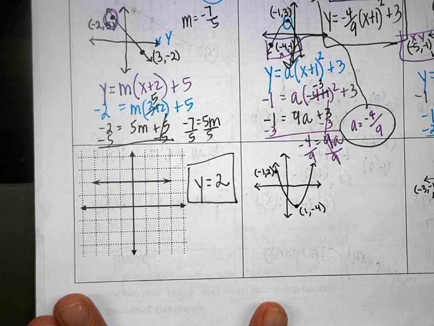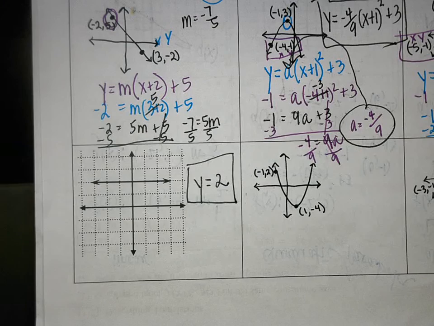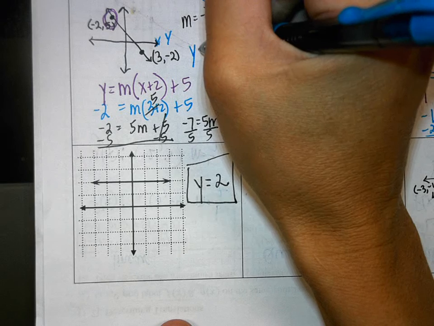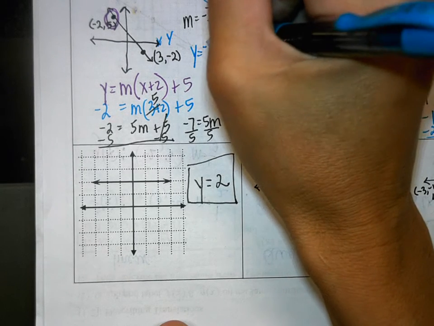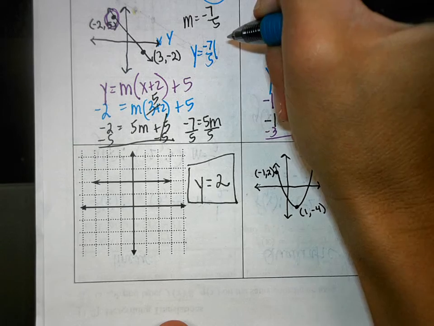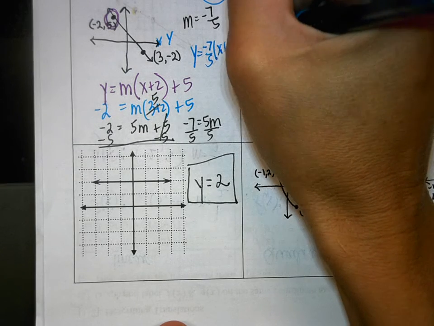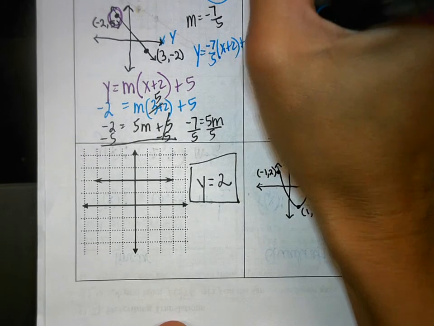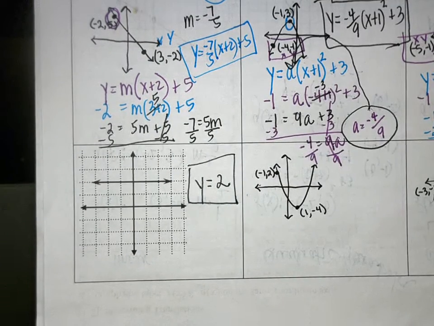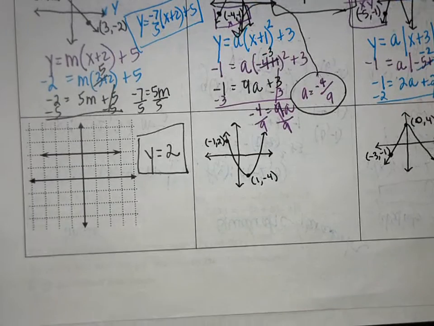And so when I write this equation, it will be y equals -7/5 (x plus 2) plus 5. And just in case you want these written down, I'm just going to give you the equations on these two.